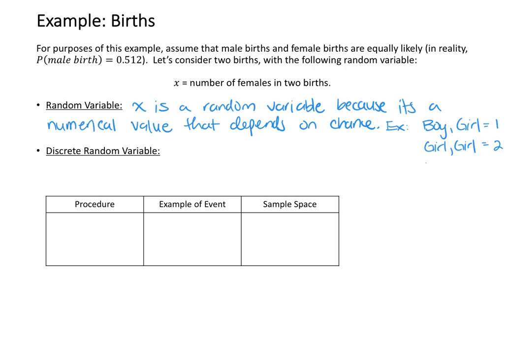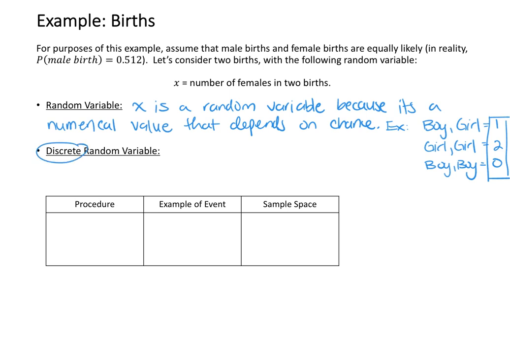Or a set of parents could have a boy and then another boy. And so here, this would result in having zero females in two births. So we can see here that the numbers 1, 2, and 0 are numerical, and they occur by random chance. So this particular random variable is also what we call discrete.